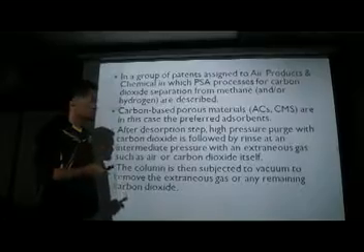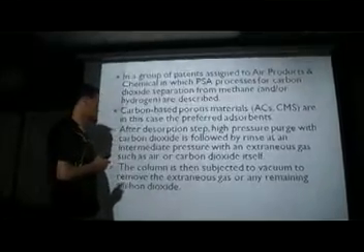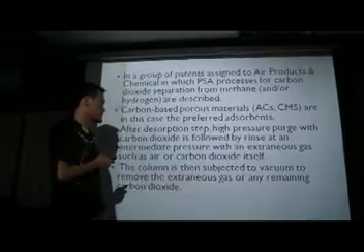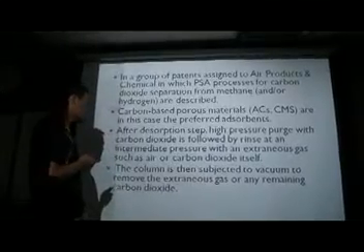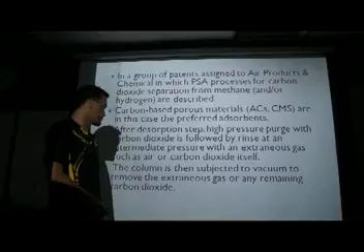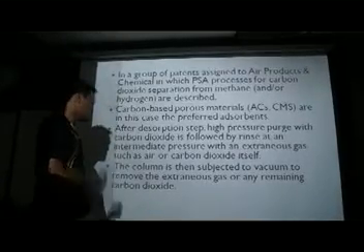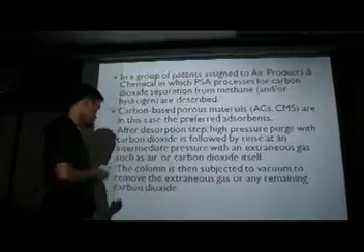After the desorption step, high pressure purge with carbon dioxide is followed by rinse at intermediate pressure with an extraneous gas such as air or carbon dioxide itself. The column is then subjected to vacuum to remove the extraneous gas or any remaining carbon dioxide.